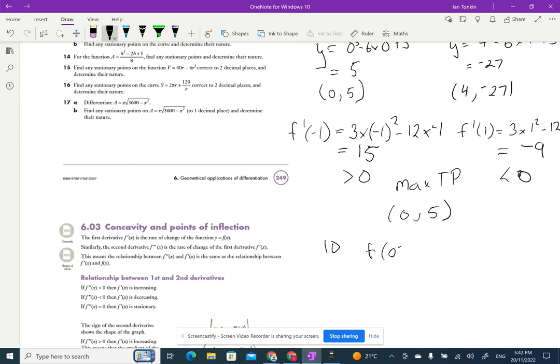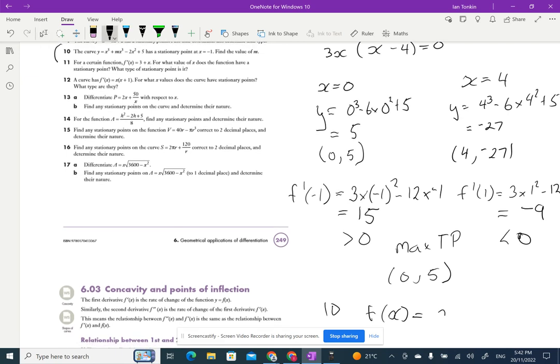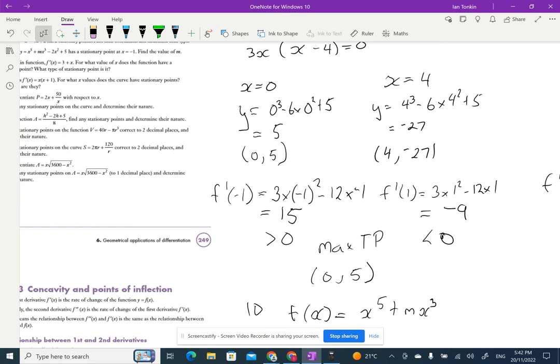F of x equals... or y equals x to the 5 minus x to the 5 plus mx cubed minus 2x squared plus 5.